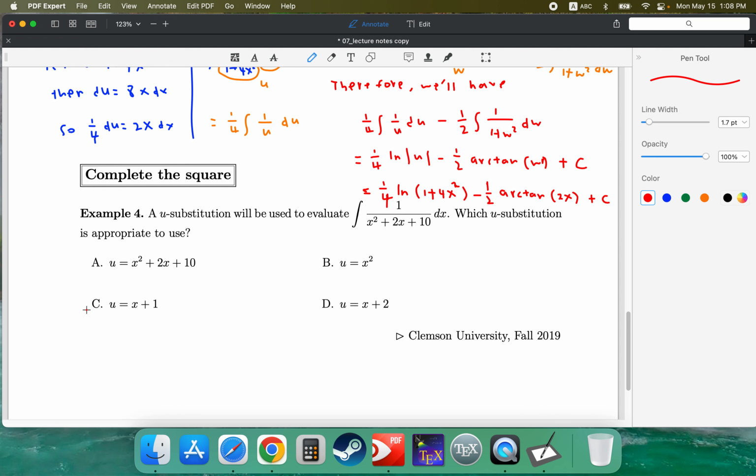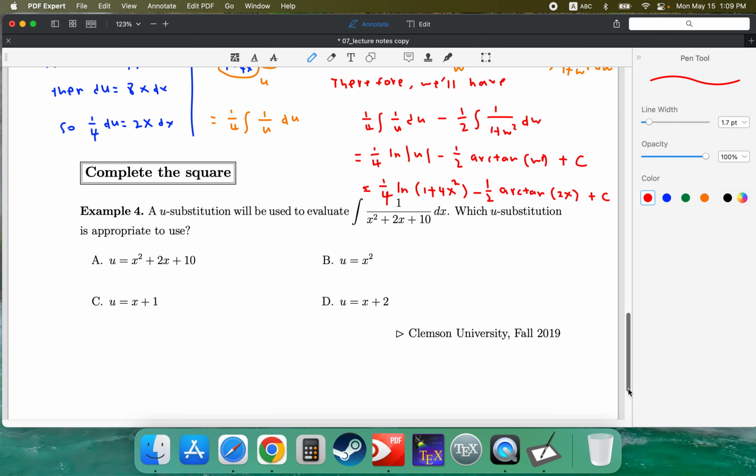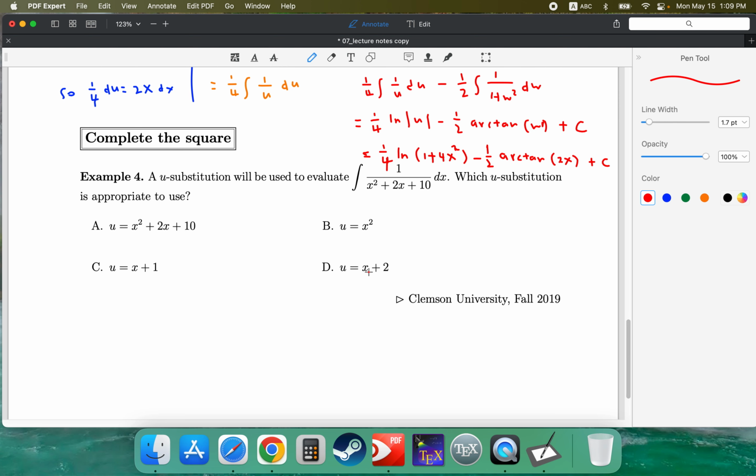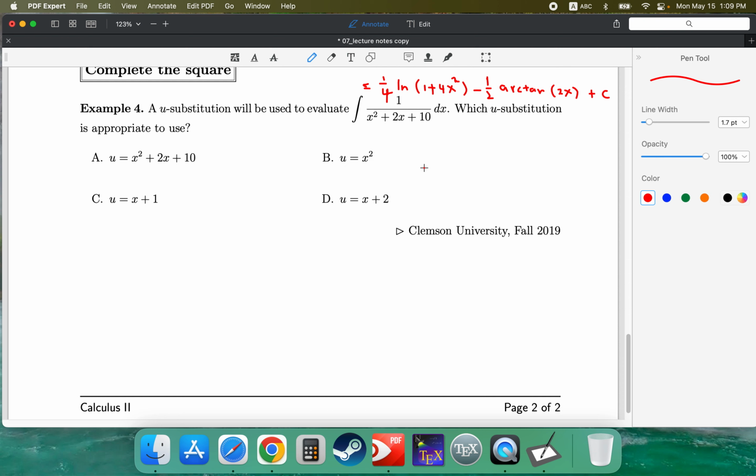Then we will need to choose u to be linear because your derivative is a constant. So see here, you have 1 dx. Your derivative is a constant. So which one do we need to choose? And we will need something from your high school. You probably hear this a lot.